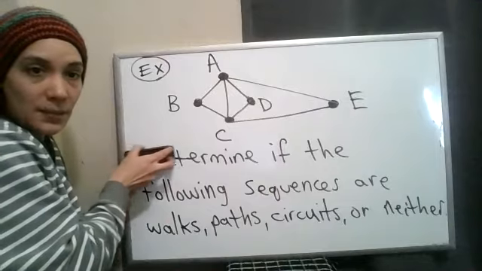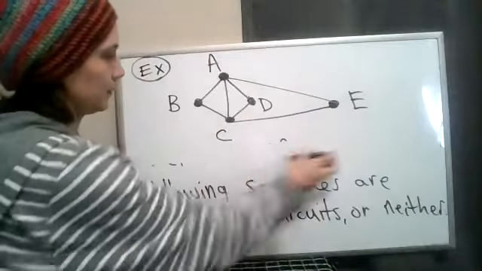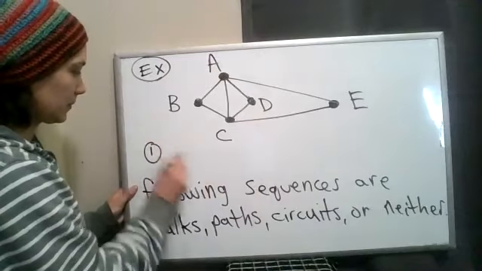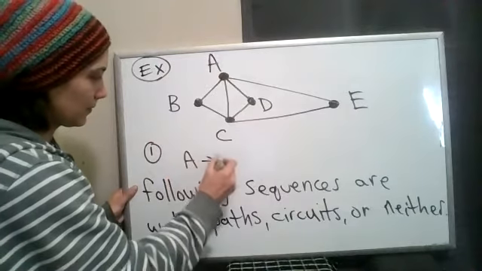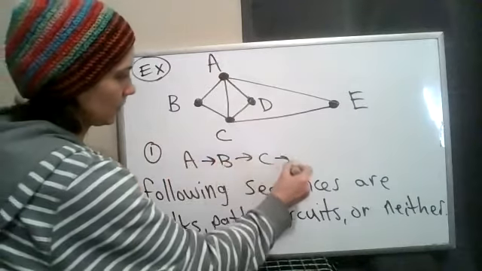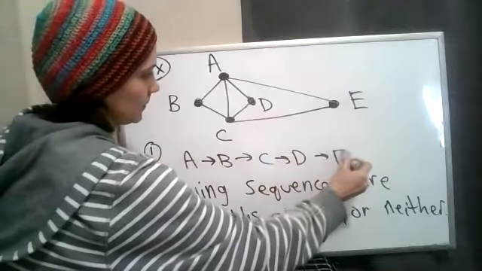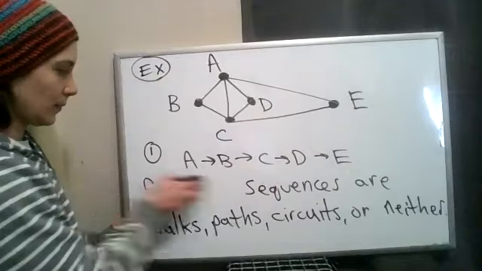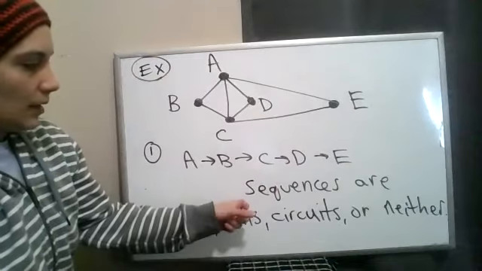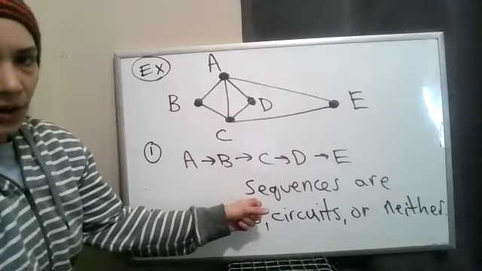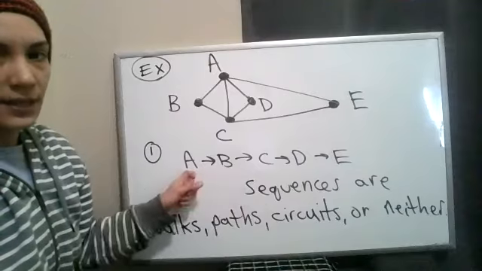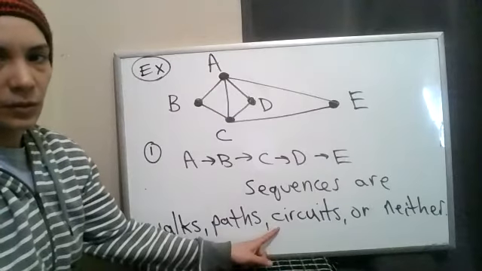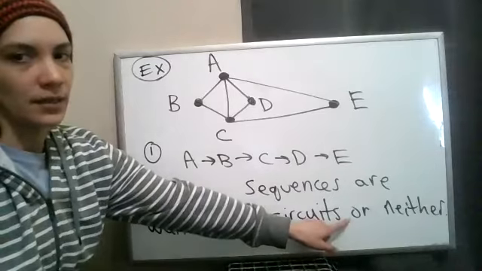Okay, so it was A to B to C to D to E. So we're just going to see if the sequence is a walk, and then we'll check if it's even more than that, if it's a path, and if you could get a circuit, that would be cool, but if it's neither of these, then put neither.